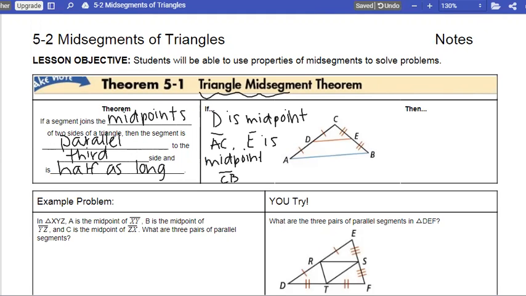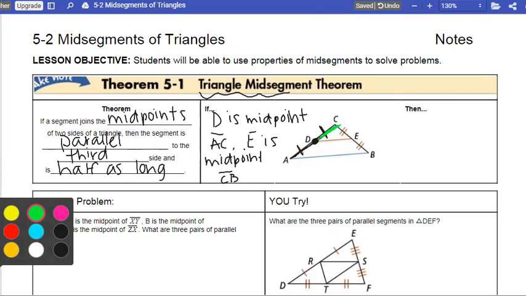Since they are the midpoints, look at segment AC. D is the very middle because there's one tick mark here and one tick mark here. So my green side is the same length as my yellow side, so D is at the very middle of that segment. Same thing with E. I know that E is the middle because CE and EB both have two tick marks, so they are the exact same length.